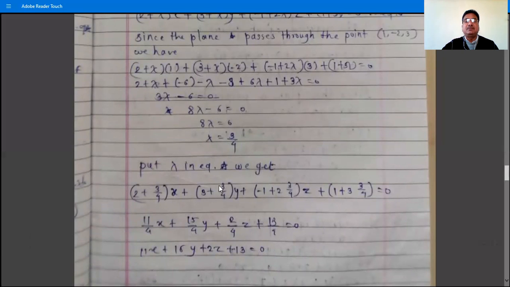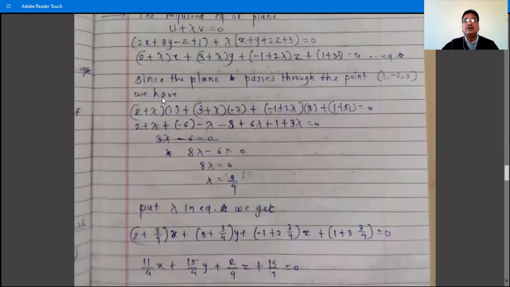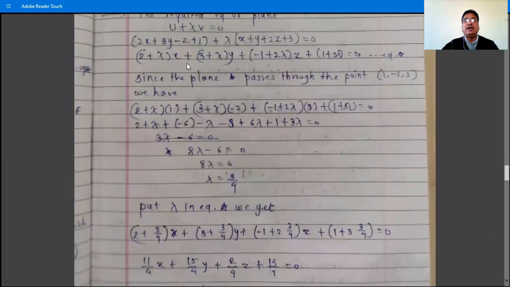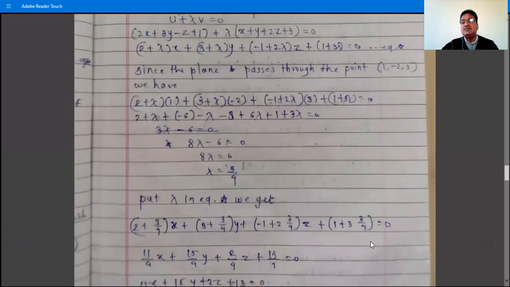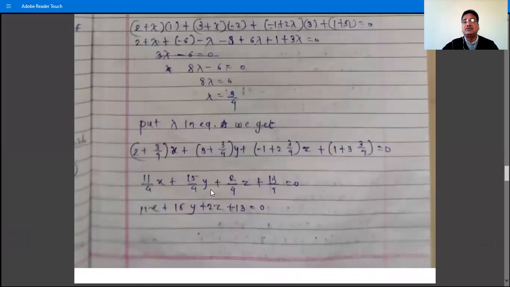Substitute this value of lambda, 3 by 4, in equation star. So (2 plus 3 by 4) x, (3 plus 3 by 4) y, (-1 plus 2 into 3 by 4, that is 6 by 4) z, plus (1 plus 3 into 3 by 4, that is 9 by 4) is equal to 0.